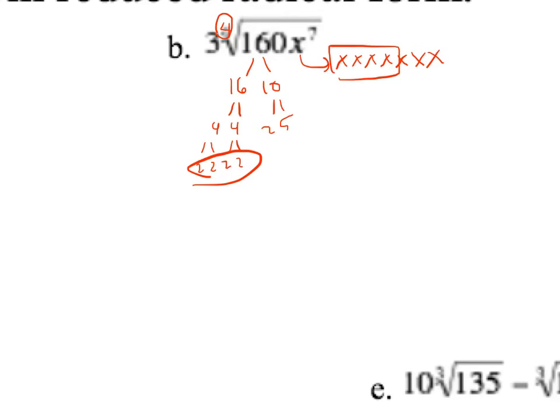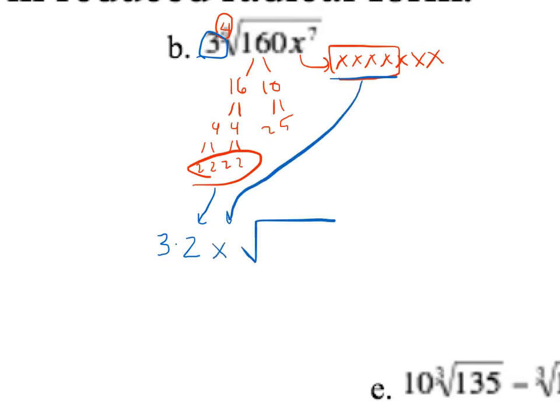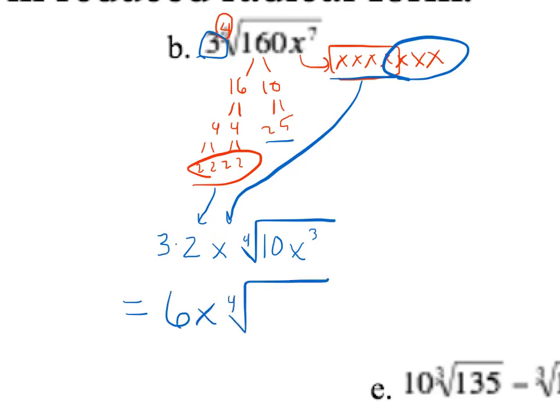So we're going to pull out a 2, and that's going to multiply by this original 3. And we're going to pull out 1x. Left on the inside, we're going to have 2 times 5, which is 10. And we have 3 x's, sorry. So our final answer here is 6x, 4th root of 10x cubed.